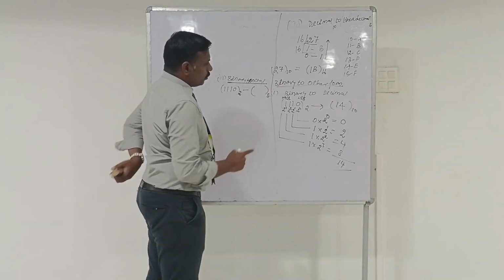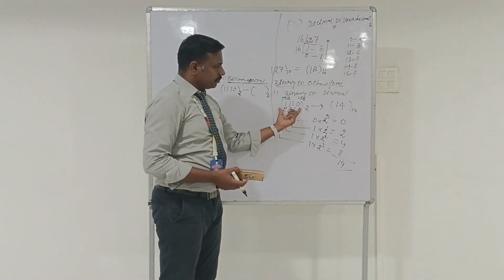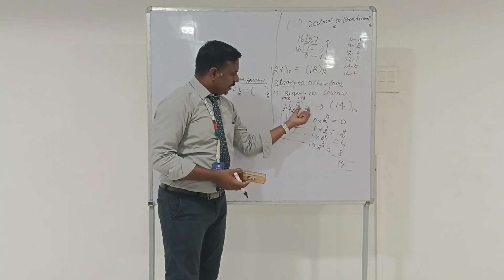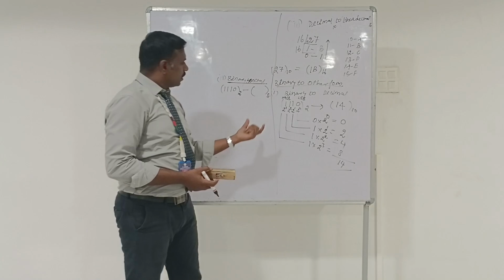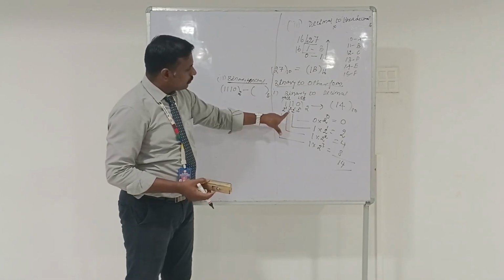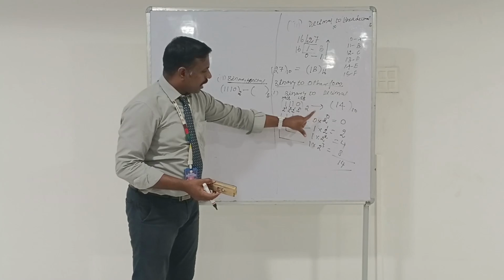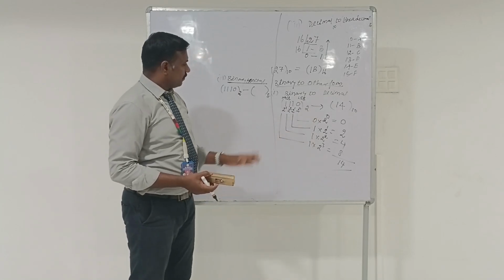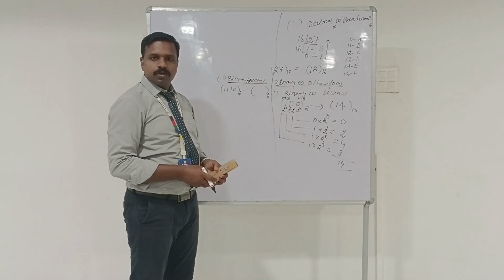In binary to decimal, what we did, we took one binary value. Each binary digit is allotted some weighted value. Each digit is multiplied with its weighted value and we make the sum, then we get a decimal value.